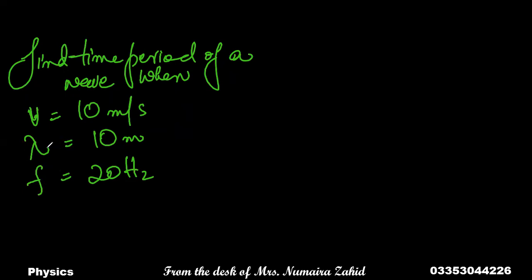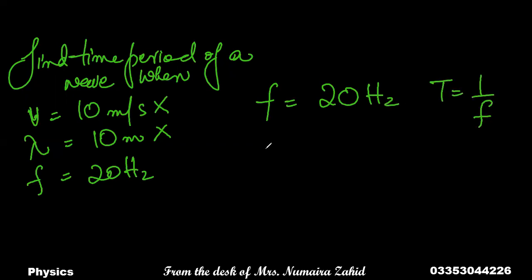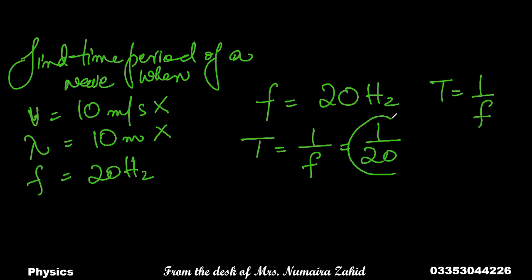Actually, in this case, we do not need the other two values. They are just to confuse the student, and here we just need the value of frequency. As we know that time period is the inverse of frequency, the time period is 1 upon f, which is 1 upon 20. With simplification, you can get the time period in seconds. Got it? It is really very simple.